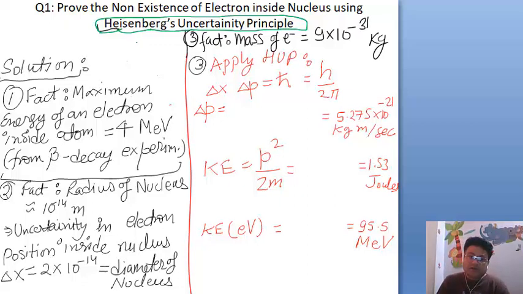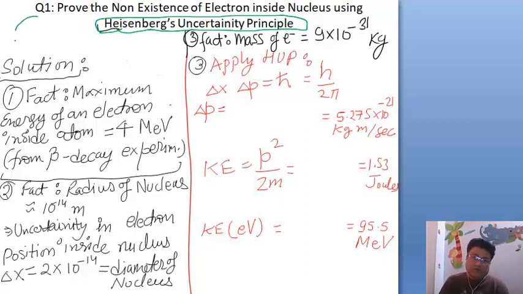So the question which was asked in this year's engineering physics exam was: prove the non-existence of electron inside nucleus using Heisenberg uncertainty principle.